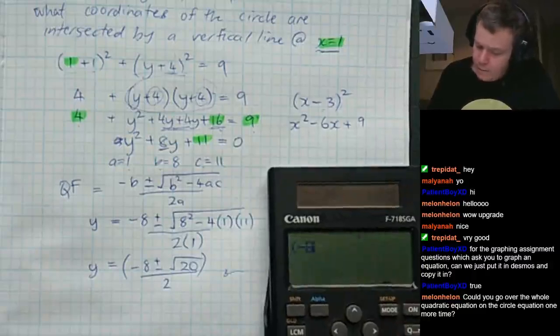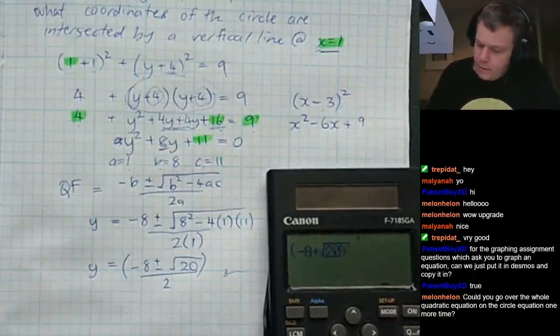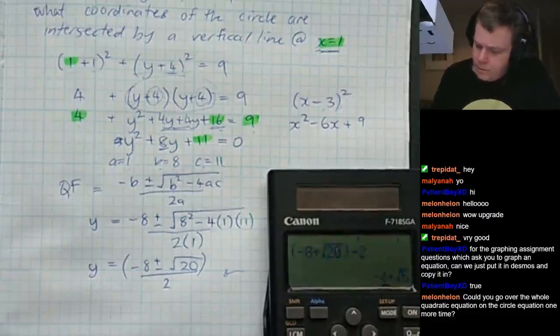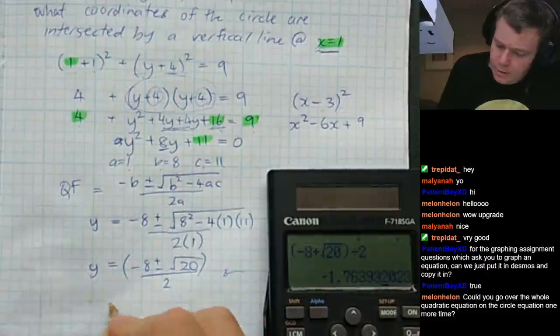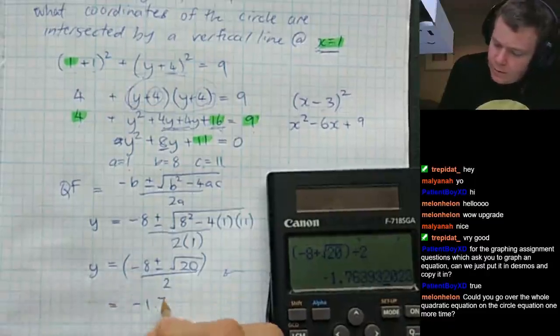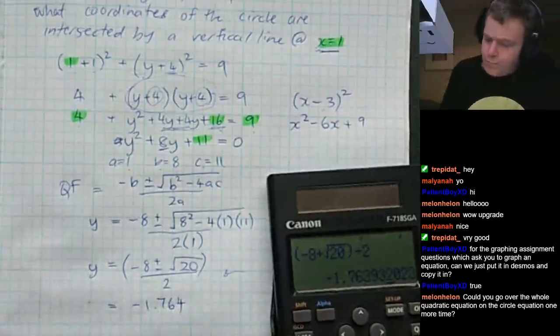Negative 8 plus square root 20. Oops, that's the problem with that. Divided by 2. Okay, so we get one answer is negative 1.764.